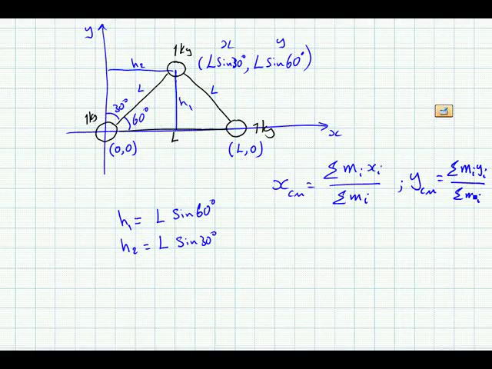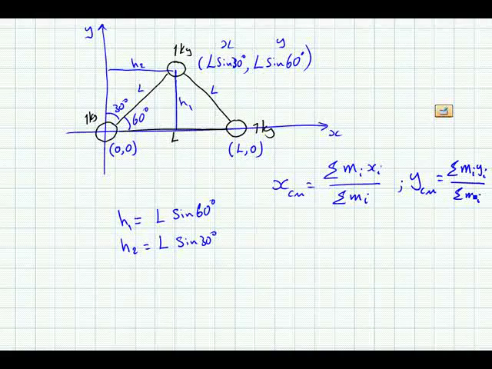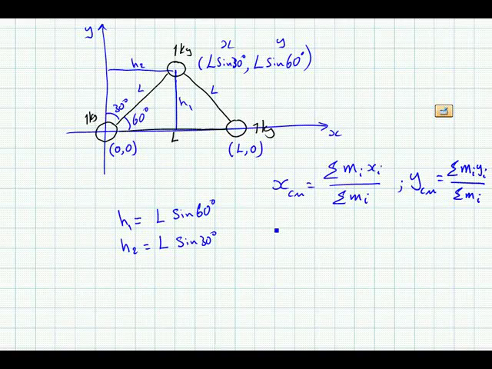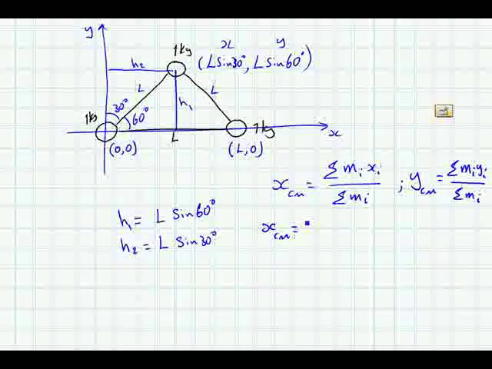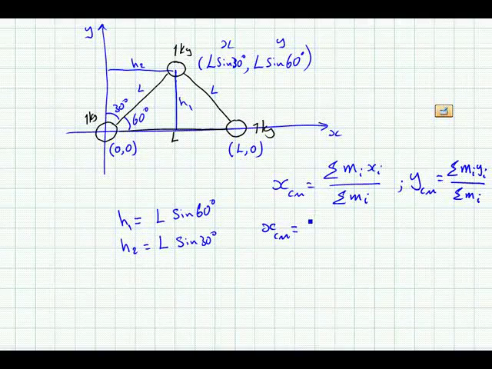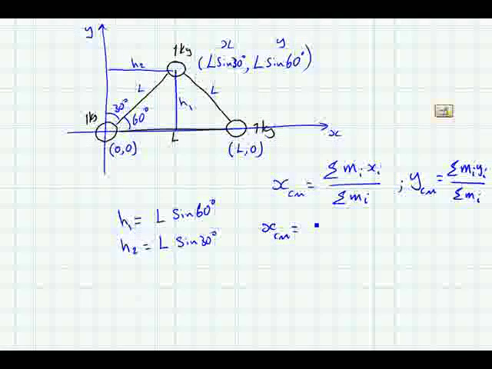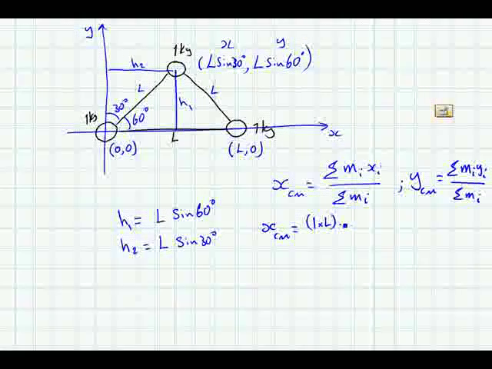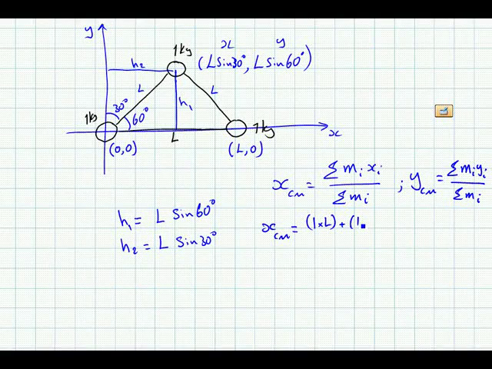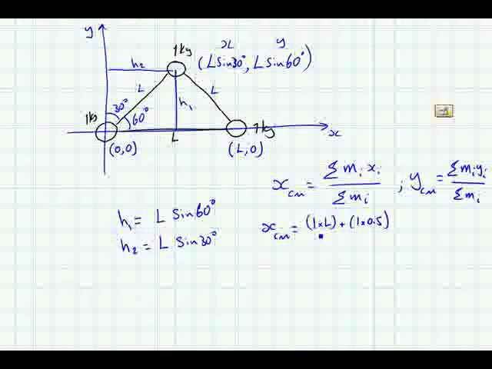Now let me bring my calculator out. So for the x coordinate of the center of mass, the first mass is 1 kilogram times 0, so that's the 0 term. The second mass is 1 times L, so 1 times L. And the third mass is 1 times L sine of 30 degrees, which is a half, so that's 1 times a half, divided by the sum of all the masses, which is 3.